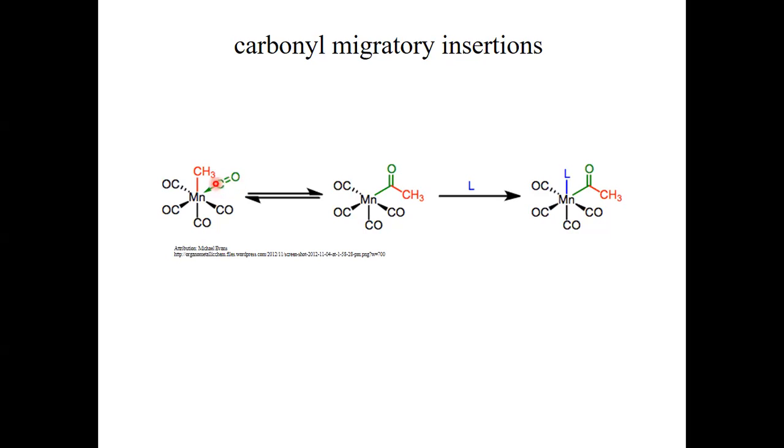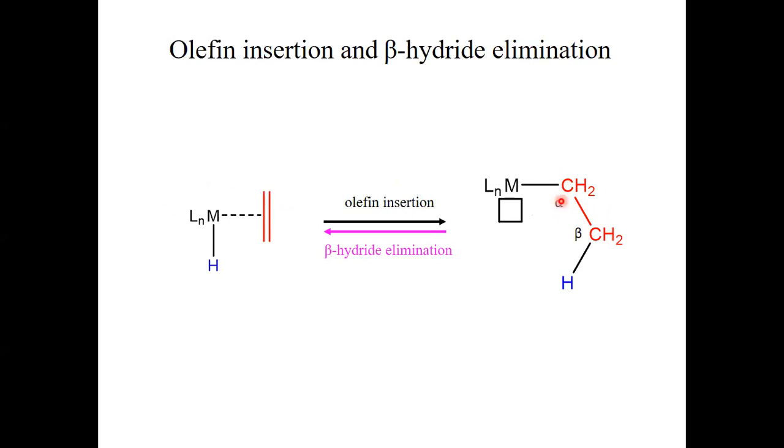So the carbonyl group inserts into the manganese-carbon bond to form, in this case, this acetyl group, and you see here this vacant site. This is an equilibrium reaction, as I said before. So you actually have to add an additional ligand in order to drive the chemical reaction to the right side, and then that additional ligand can occupy the vacant site.